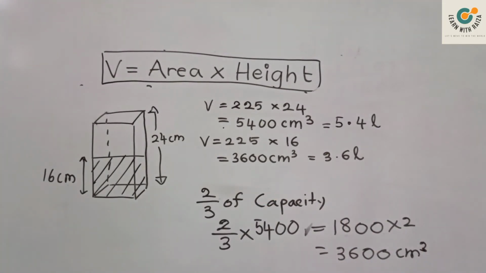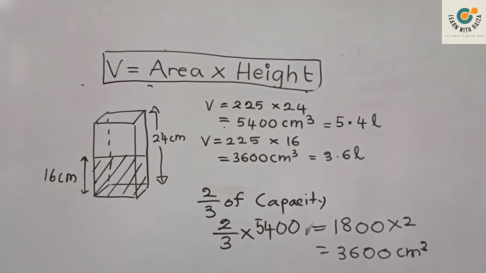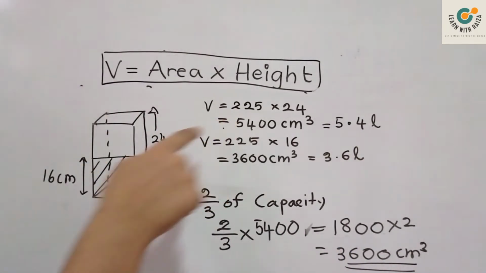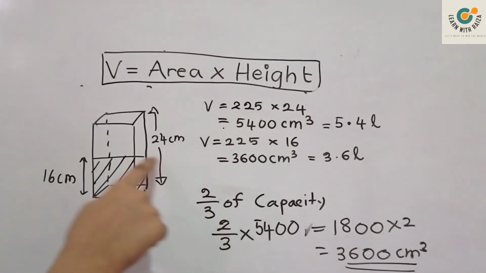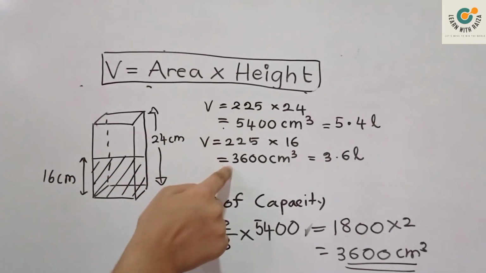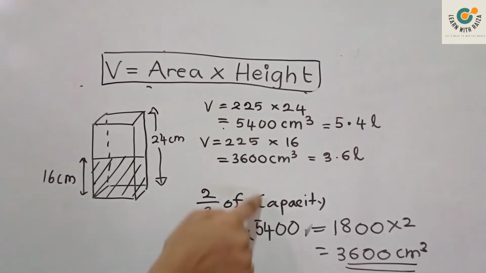So it's proved that 3600 cubic centimeters is 2/3 of its capacity. So how did we do that? The real capacity of this container is 5400, but the water filled is only 3600, and we proved that this 3600 is 2/3 of its capacity.